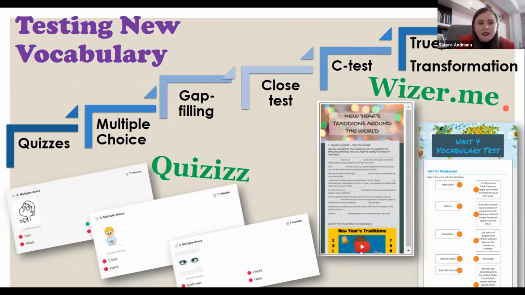The activities that we can use for testing vocabulary in writing are quizzes, multiple choice, gap filling, cloze test, translation and transformation, and true or false. The tech tools that help us to realize these types of activities are Quizizz and Wizer.me.